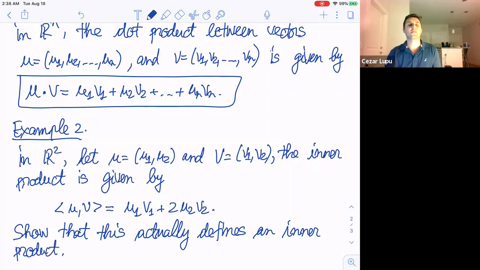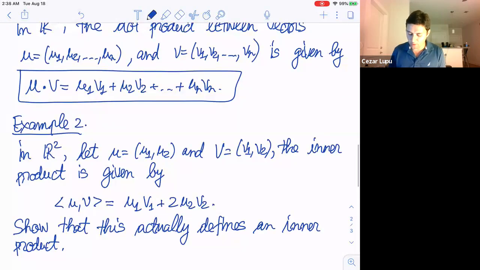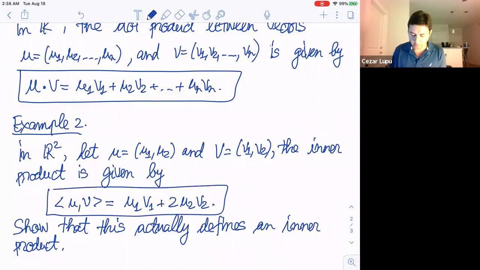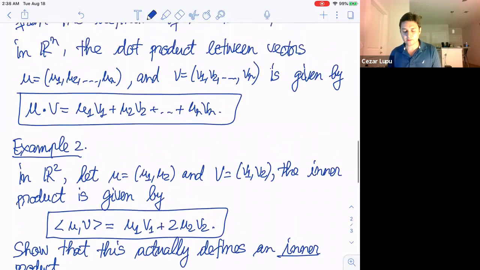Well, it's quite clear what we need to do. Since we want to show that this is in fact an inner product, what we need to do is just verify the 4 axioms from the definition.